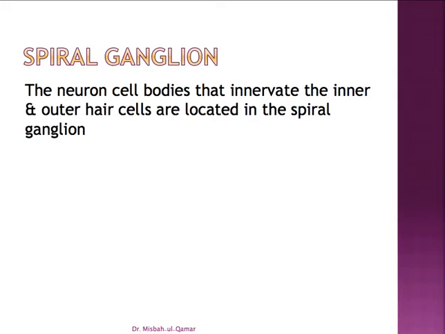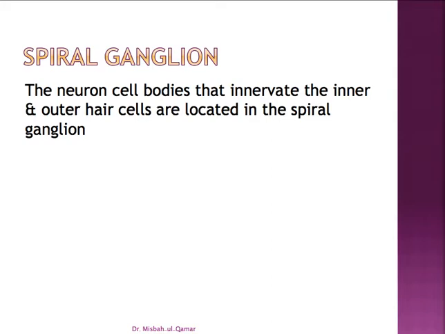Approximately 90% of the spiral ganglion neurons are so important that they are ensheathed by around 50 lamellae of myelin.